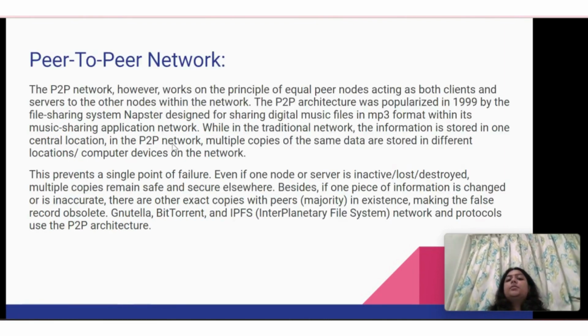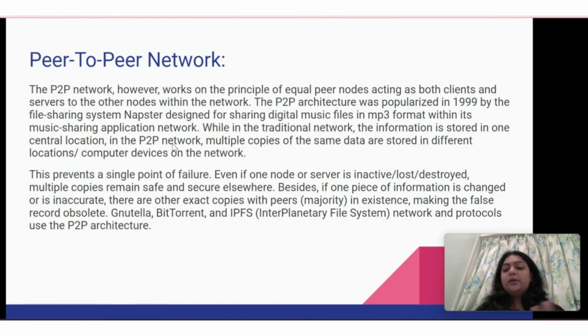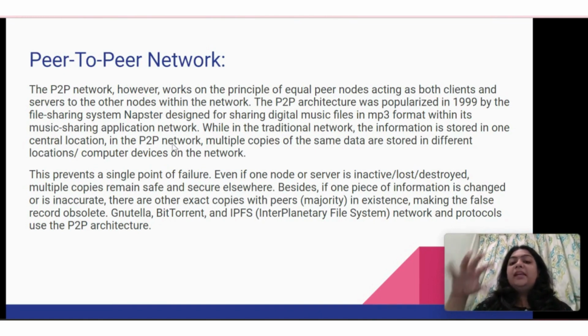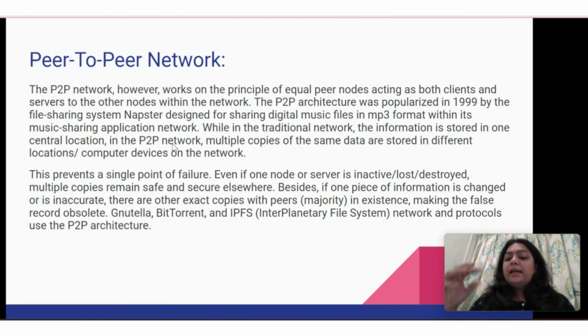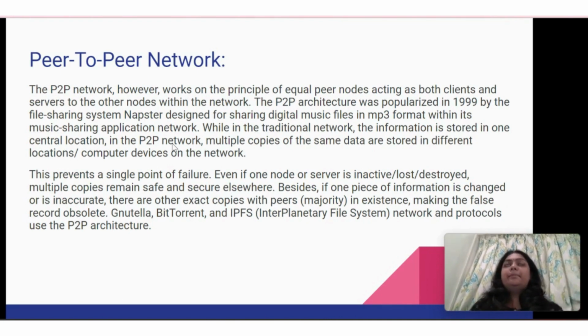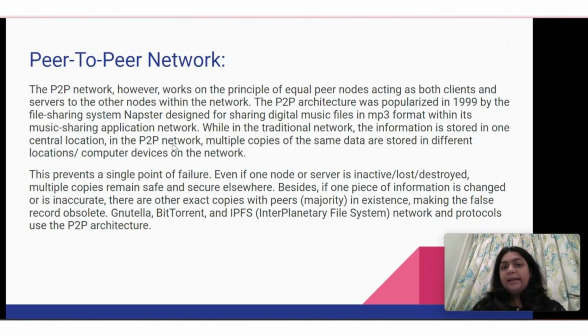As previously discussed, peer to peer network is where all the systems or all the nodes which are connected to each other have equal priority and act as both clients and servers. So here, a peer-to-peer network stores multiple copies of the same data. That implies, suppose I have my data in my system, I made a transaction in my system.